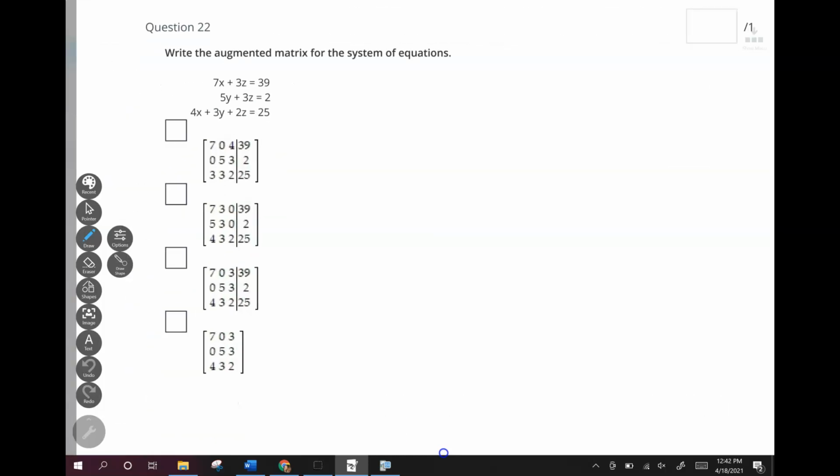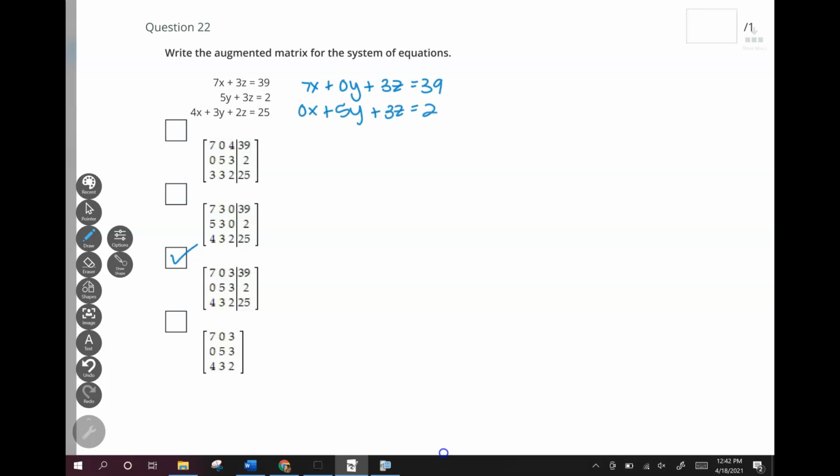Okay, this one has some variables missing, so you need to be a little careful. If you want, you could rewrite this with 0y, 3z. Okay, so your first row should be 7, 0, 3, 39. It only has it on C. Then the second row, we don't have the x there, so that's 0x plus 5y plus 3z equals 2.